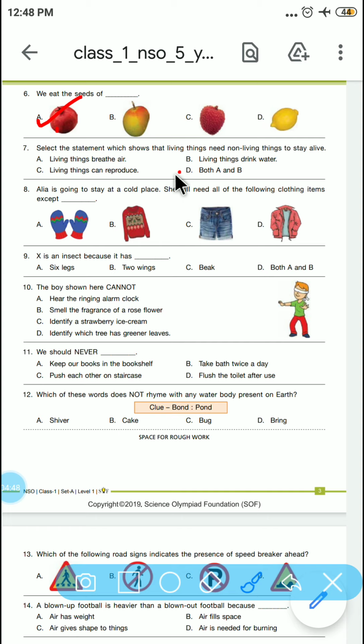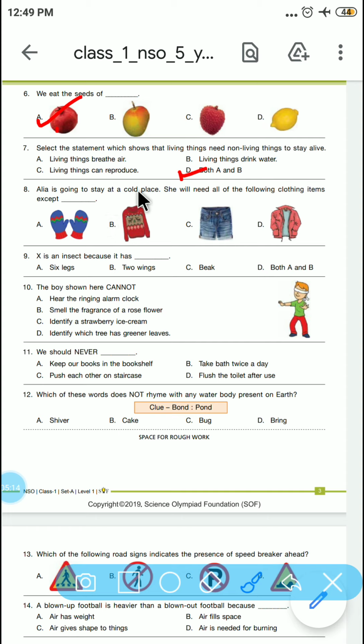All these are properties of living things, but which statement shows that living things need non-living things to stay alive? It is option D, like air and water are natural non-living things while reproduction is a process. So the option is D for question number 7.